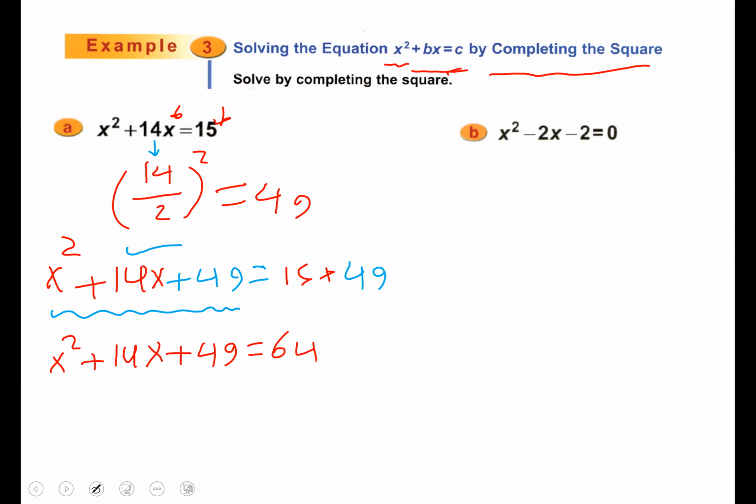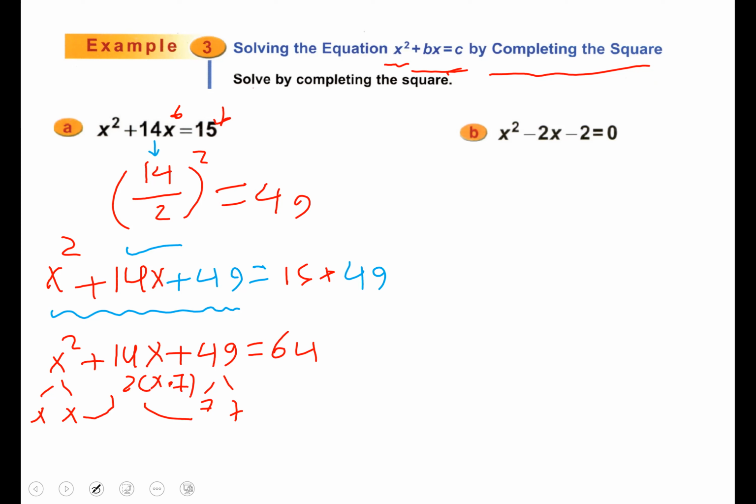64. And you know, guys, if you have the perfect trinomial, what should you do? You're going to write the factors of each term. x times x, and this one 7 times 7. And for the middle term, we take one factor of x and one factor of 49: 2 times x times 7.